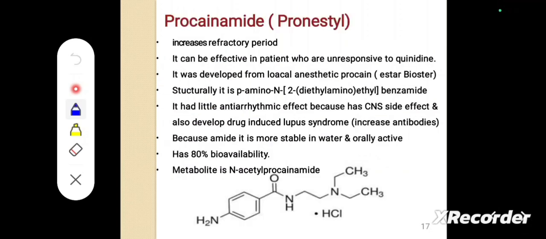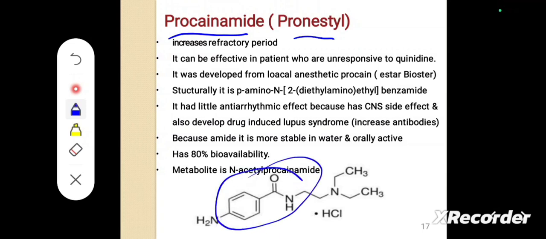Then the next drug of class 1A is procainamide, with the trade name Pronestyl. This is a benzamide derivative, and it increases the refractory period.